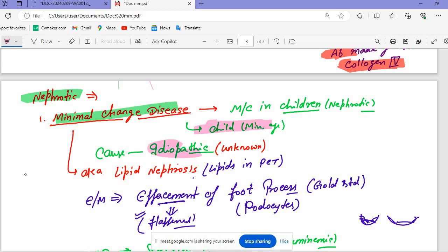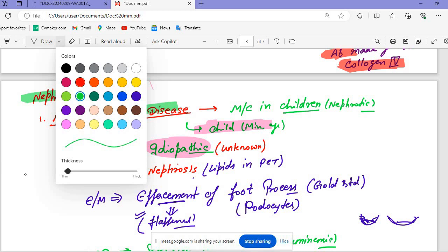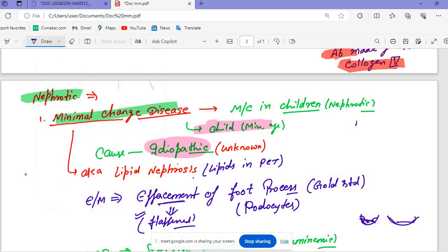What is the cause of minimal change disease? The cause is unknown, and we call this condition idiopathic. Tell me, what is iatrogenic? Sometimes we write idiopathic, sometimes iatrogenic.